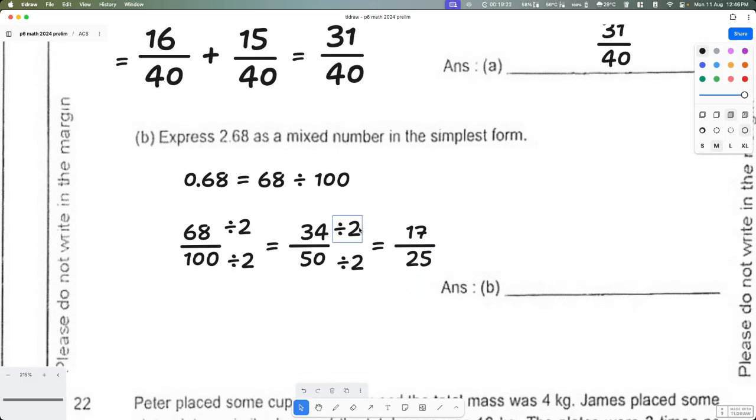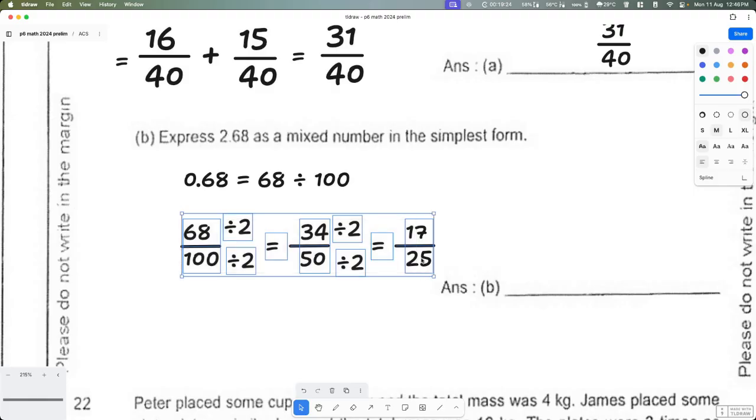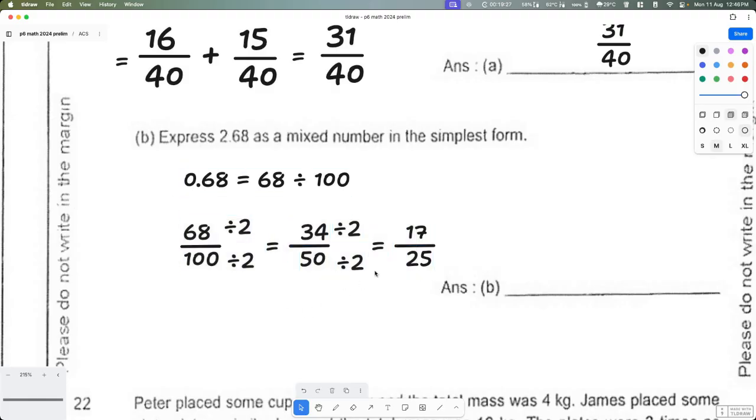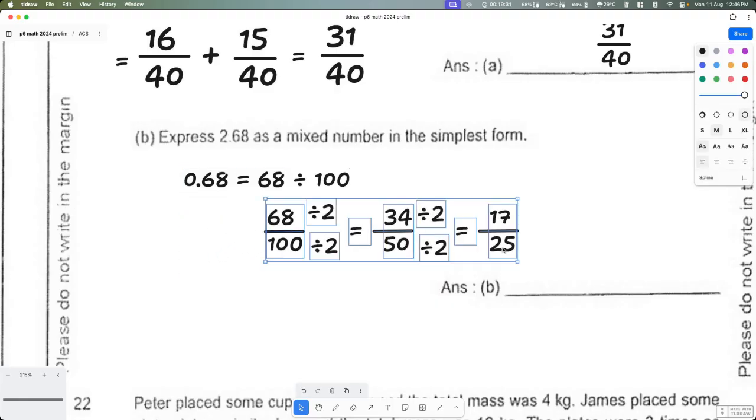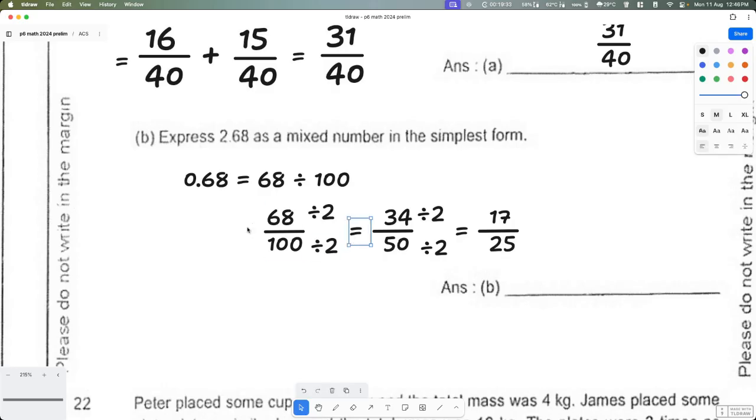So 68 out of 100 is 17 out of 25. Now we know that 2.68 as a mixed number is equal to 2 and 17 out of 25. There we go, that's the answer.